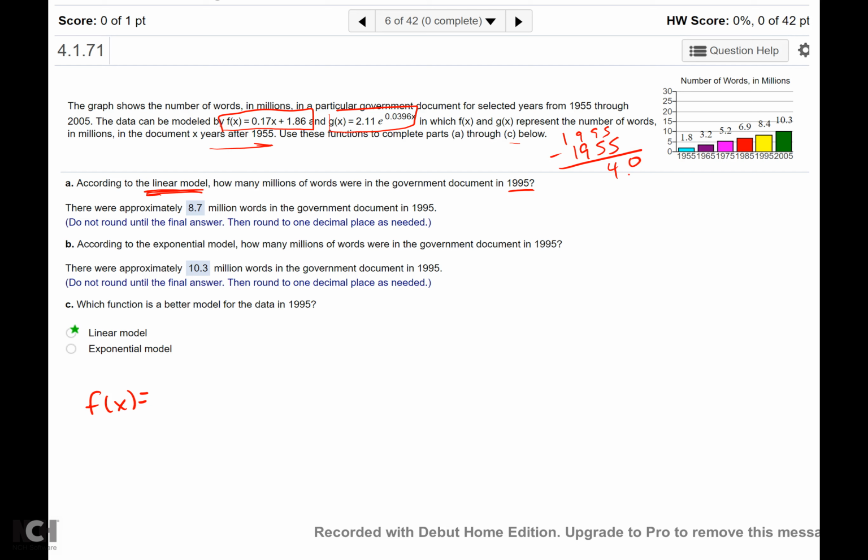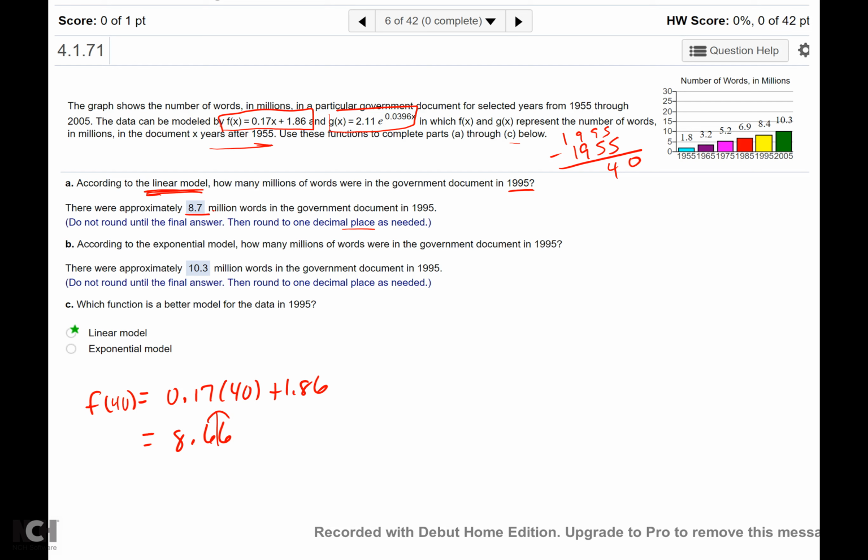So they're telling me to replace x with 40, which would give me 0.17 times 40 plus 1.86. Type that in, 0.17 times 40, enter, plus 1.86, and you get 8.66. Okay? So if I round it to one decimal place, that would bump it to 8.7.